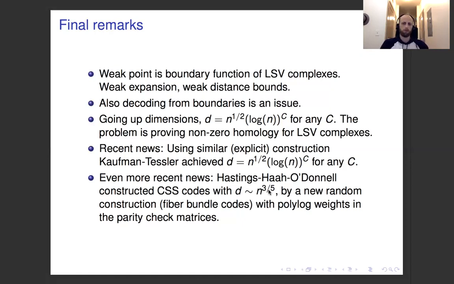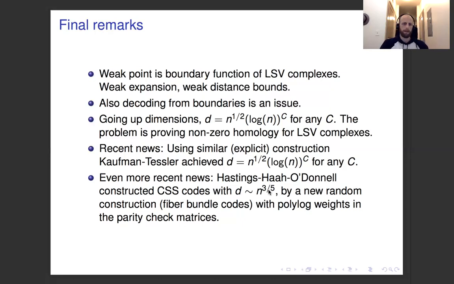Their construction uses a new random construction, which they call fiber bundle codes. Well, there is some issue there with the weights of the parity check matrices, whether they are of bounded or of polylog size. But in any case, this is a completely new direction.